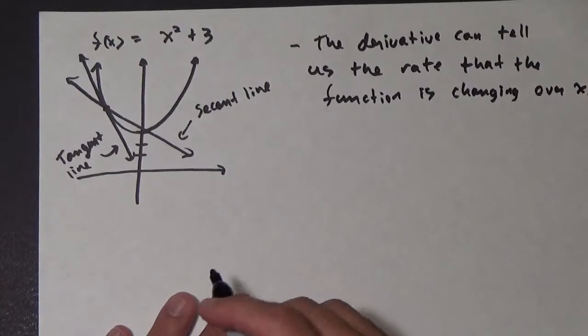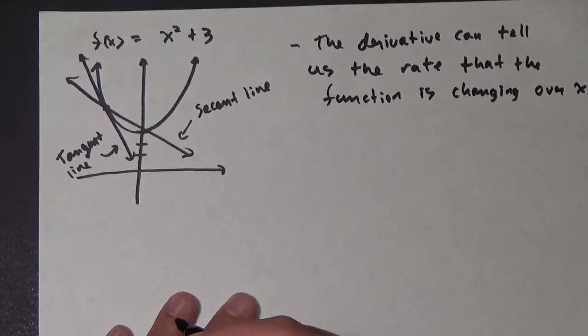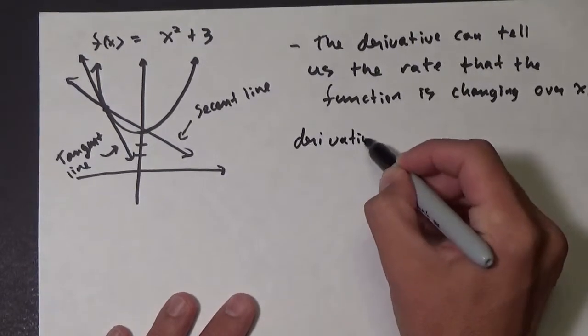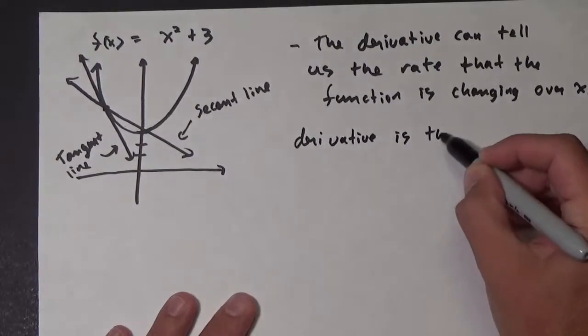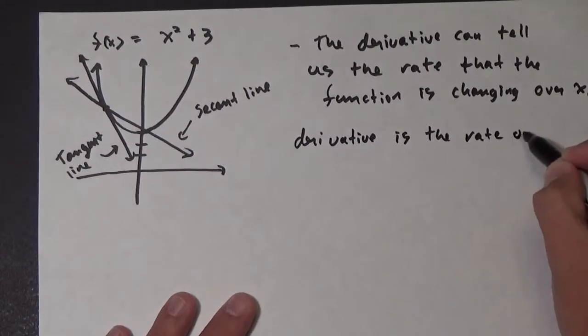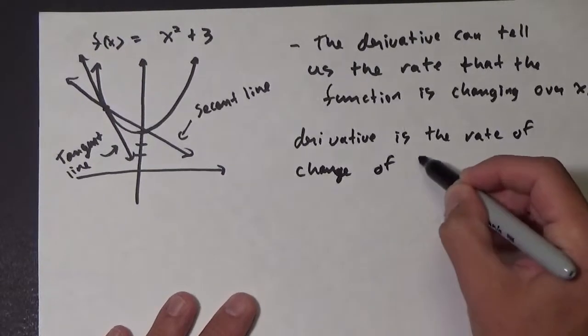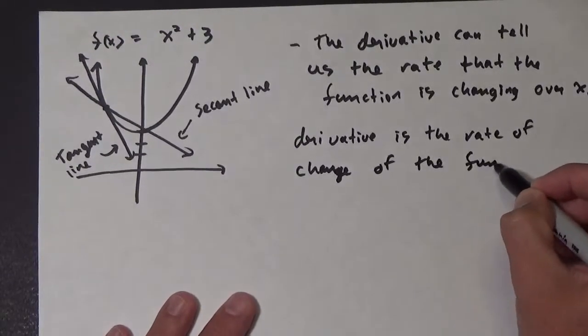So because of that, we say that the derivative of a function is the rate of change for that function. So the derivative is the rate of change of the function.